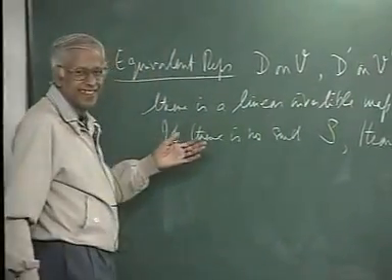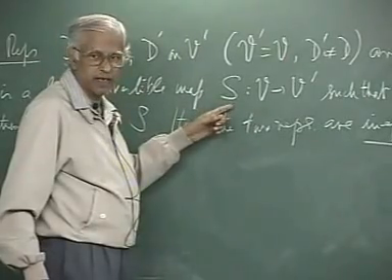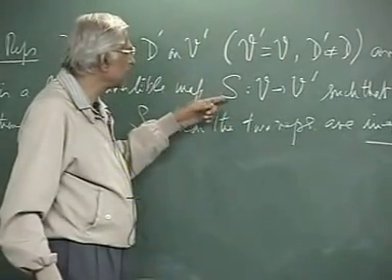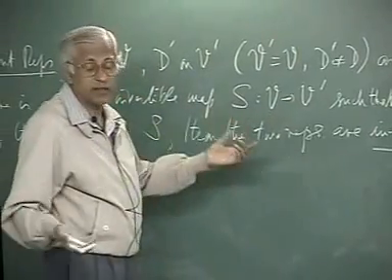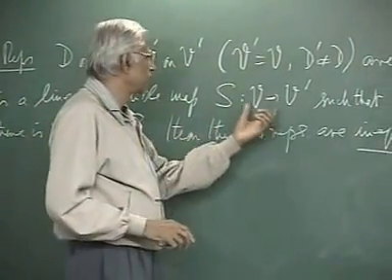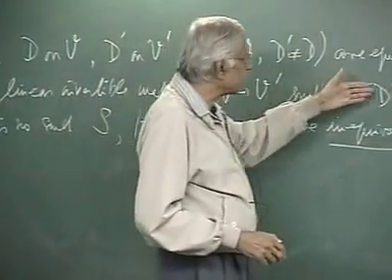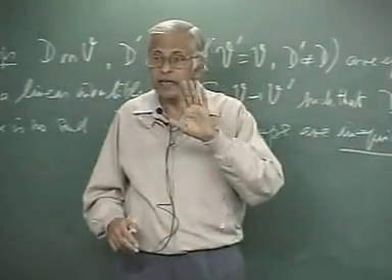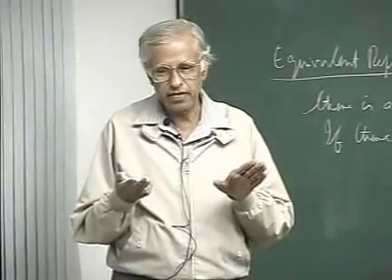So, if you want to answer the question, you will have to do a lot of hard work. You must try to see, is there some transformation S from V to V prime? Are you able to construct an S from V to V prime such that it has an inverse and such that it obeys this? If you are able to find it, answer is solved, you have shown their equivalence.